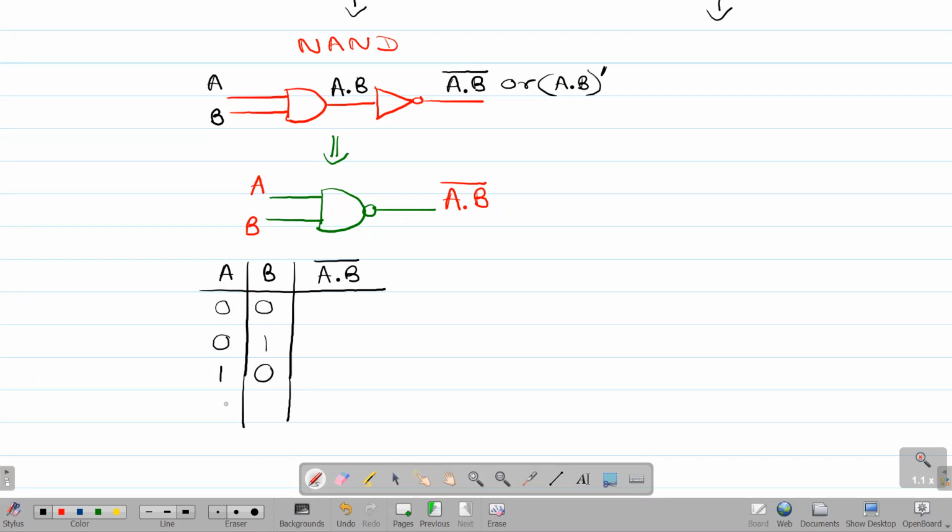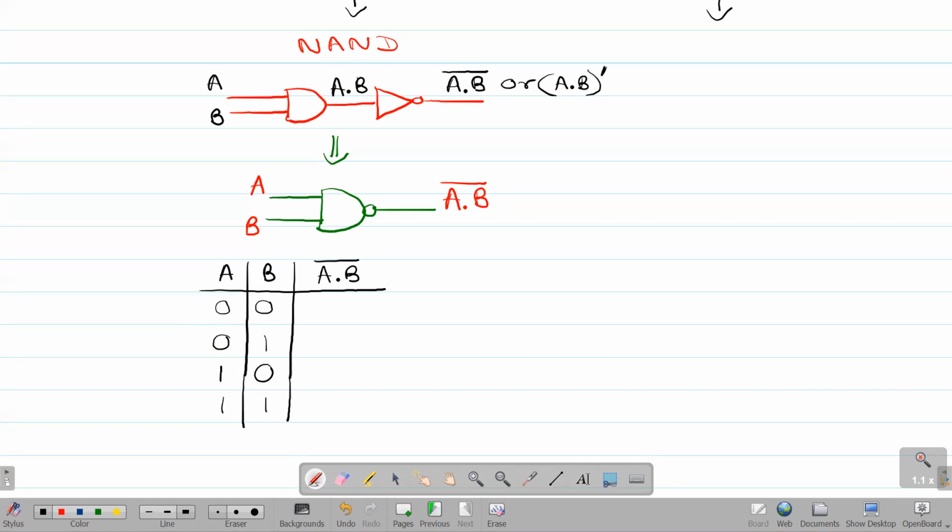A dot B indicates multiplication, bar indicates the inversion.